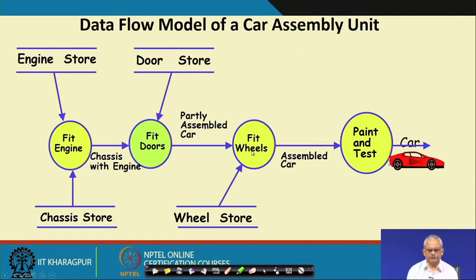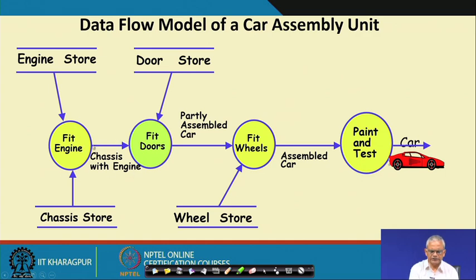So, every function represents an activity or processing and is named using a verb form, that is doing something, and then each process or bubble here takes some data. It takes engines from the engine store, takes chassis from the chassis store, and then fits the engine to the chassis.